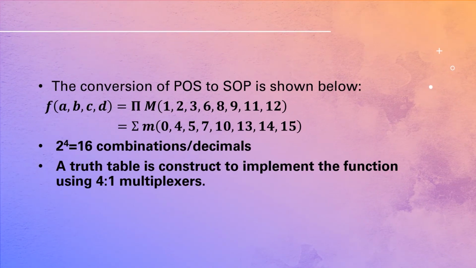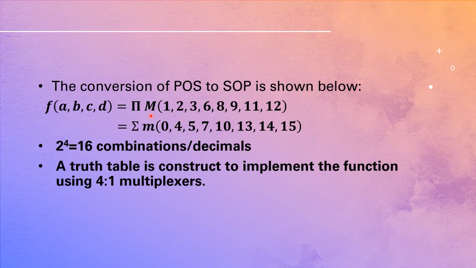In order to implement the Boolean function using only 4 to 1 multiplexers, we must first convert the POS to SOP of the Boolean function, as shown below. Since the question gives the POS, in order to find the SOP, we know that the SOP will equal the sum of minterms with the remaining entries from the POS.